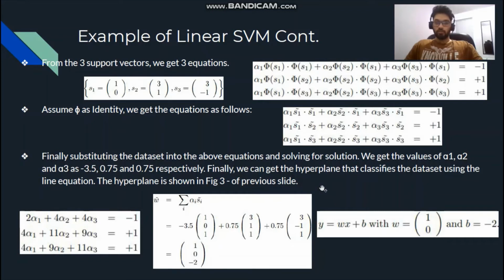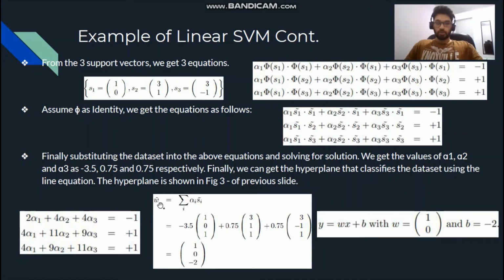And finally, we can get the hyperplane, which can classify the datasets using the line equation, which is shown by y is equal to wx plus b, where w represents the weight of each support vector, x represents the data points, and b represents the bias.